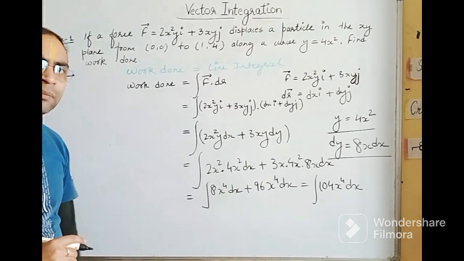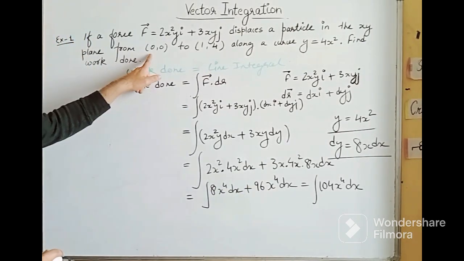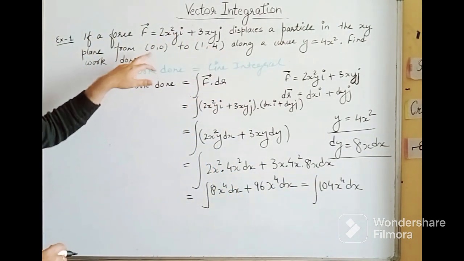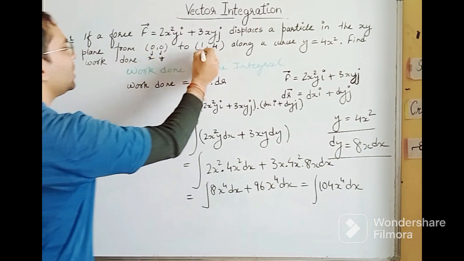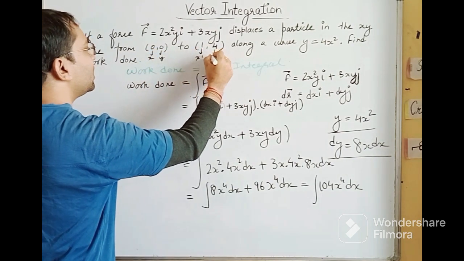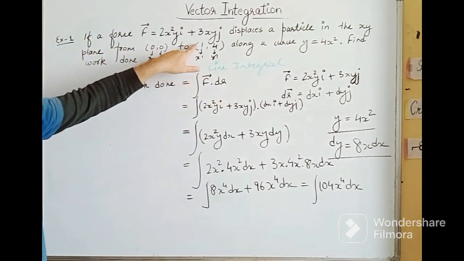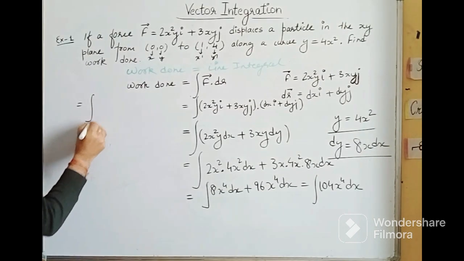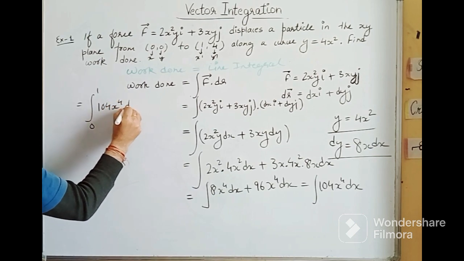We need to integrate this, for which we need the limits. We need to find the limits from the displacement points, and we only need the limits of x. Let's call this x dash and this y dash. So the lower limit of x will be 0 and the upper limit of x will be 1. So the integral is from 0 to 1 of 104x to the power 4 dx.